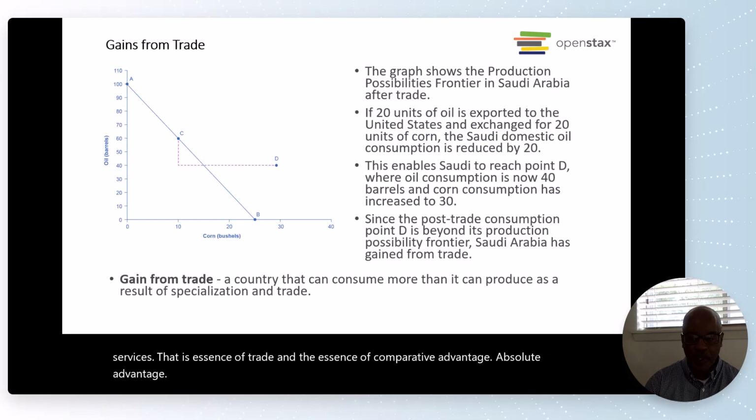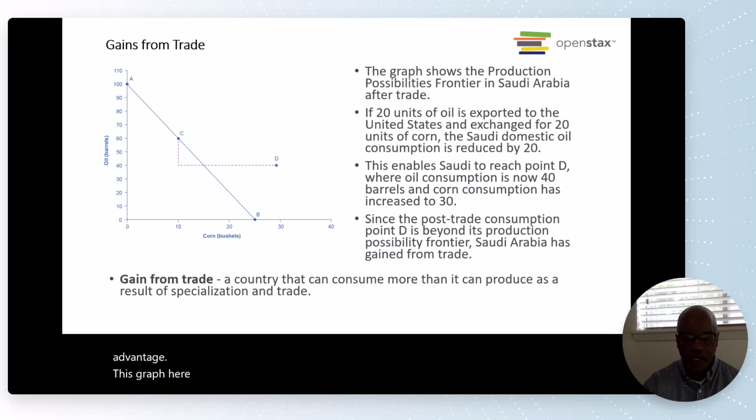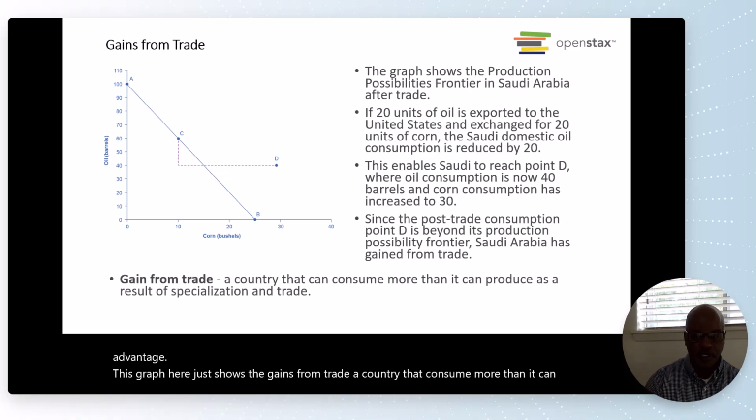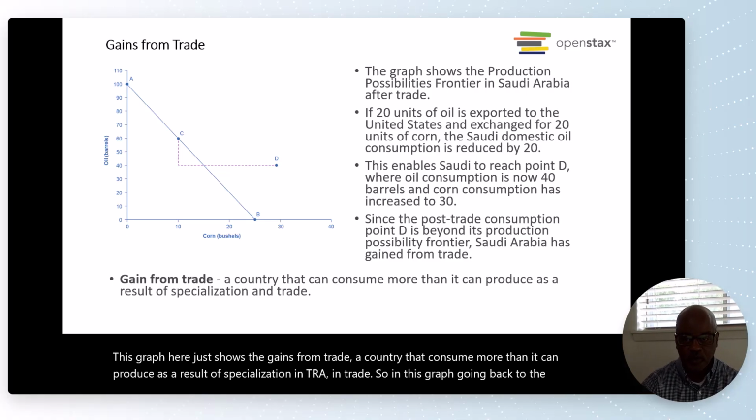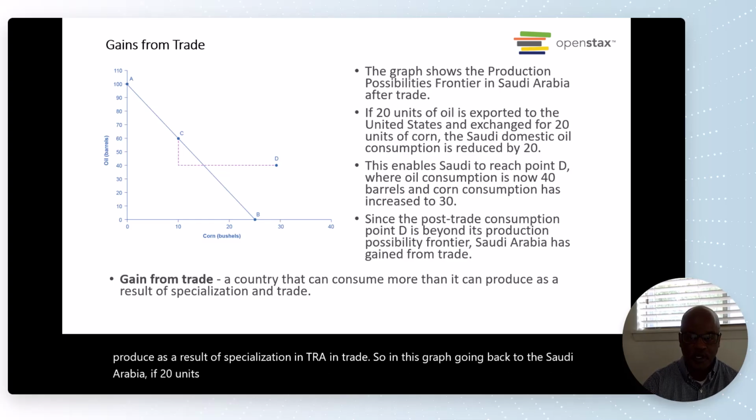This graph here just shows the gains from trade. A country can consume more than it can produce as a result of specialization in trade. So in this graph, going back to Saudi Arabia, if 20 units of oil is exported to the United States and exchanged for 20 units of corn, the Saudi domestic oil consumption is reduced by 20.